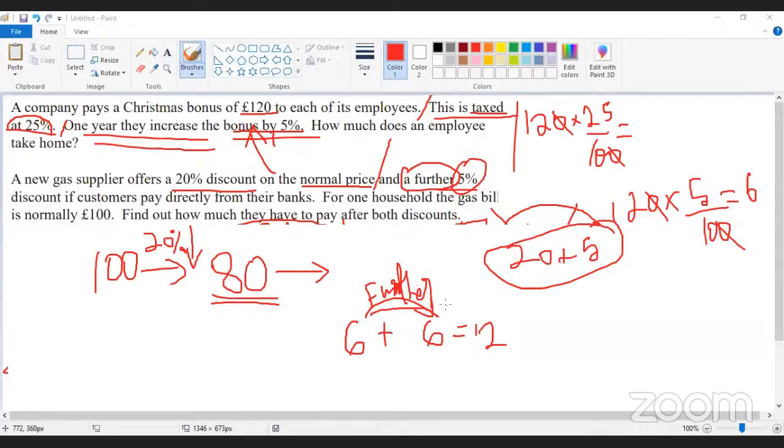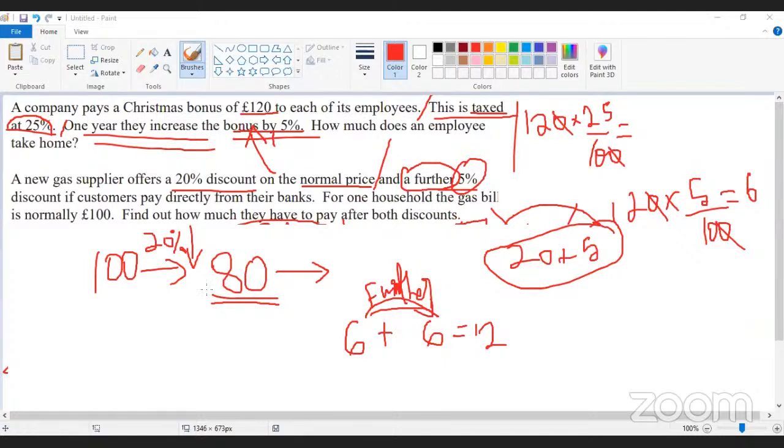Is it clear? Any doubts? No doubt. So here A plus B would not come. It is from A to B, B to C, Sachin. Got it? So what's the answer?